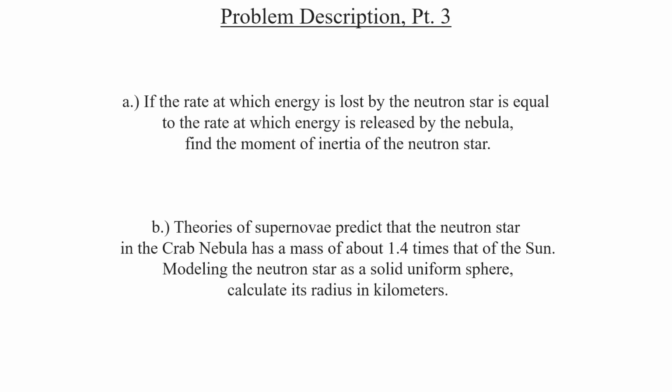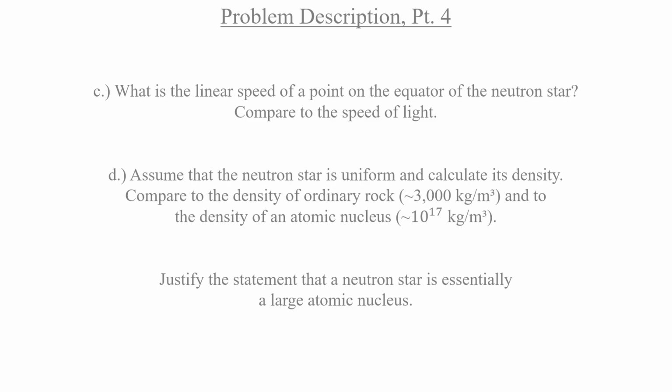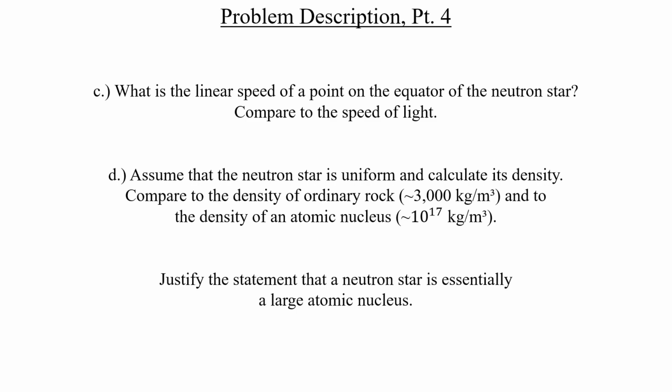In part A, we're going to find the neutron star's moment of inertia. And then in part B, we'll use that result to calculate its radius in kilometers to get a sense of its size. Next, in part C, we're going to determine the linear speed on the surface of its equator.